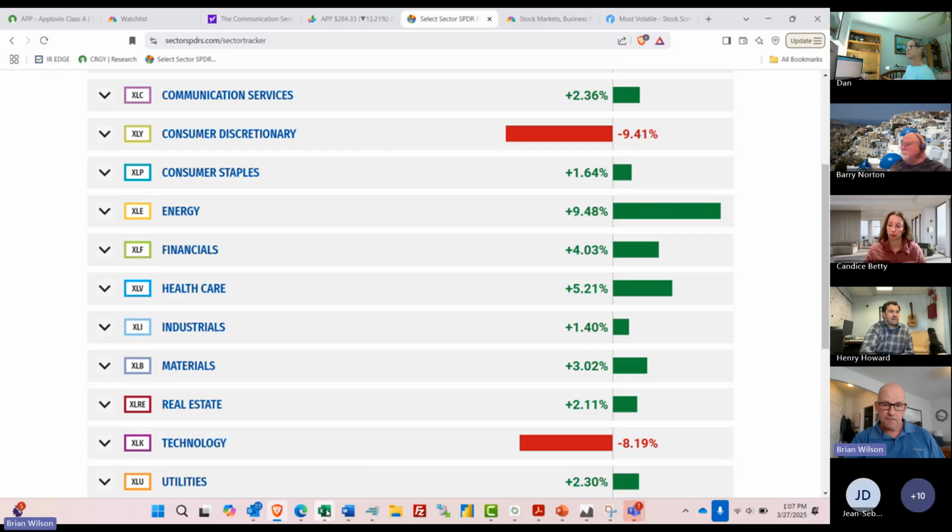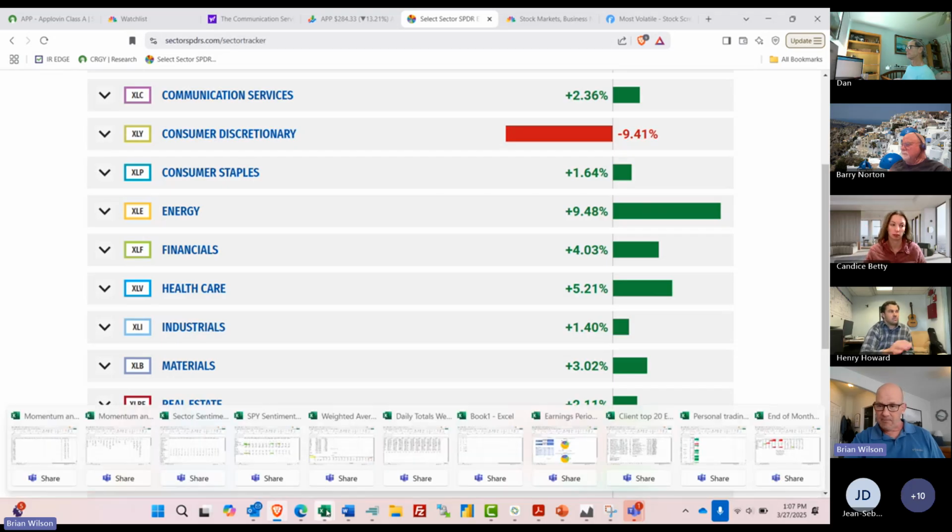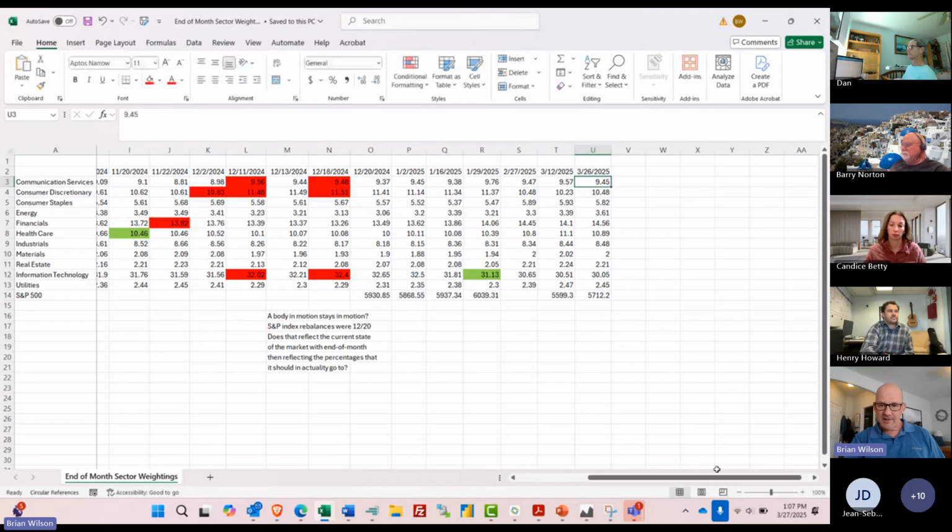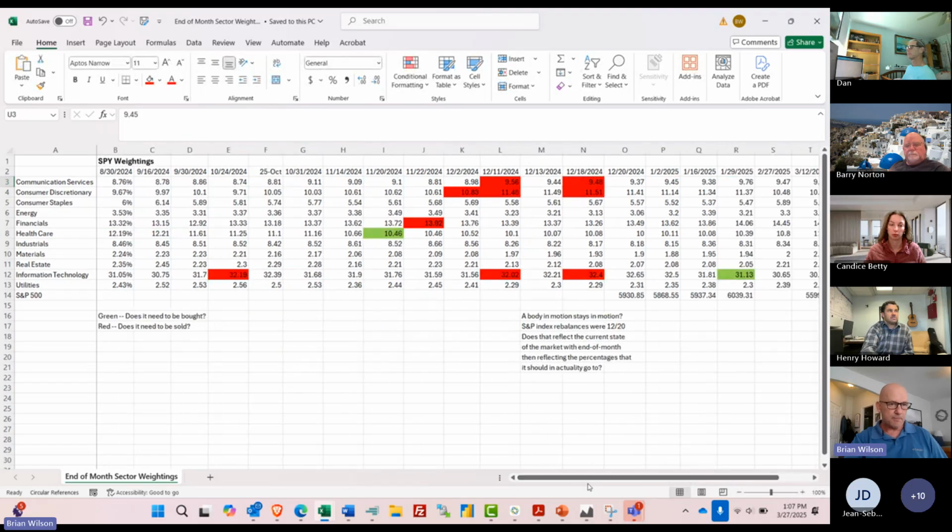If we look at what's been happening over time, this is an exercise I do. I don't know if it has any predictive quality, but it helps me keep track of what's happening with the different sectors over time. I try to do it every 2 or 3 weeks. For instance, with tech, going back to last August, it was a 32% weighting in the SPY.